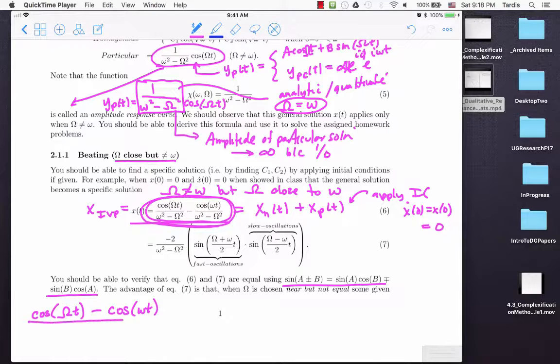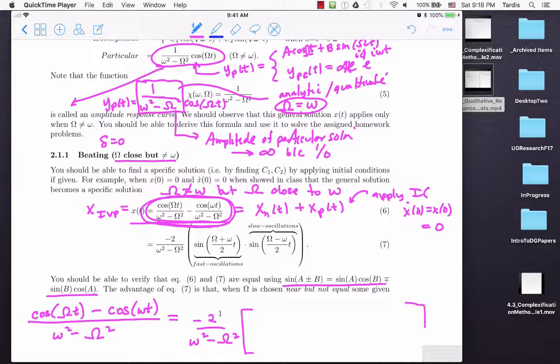So this term here, which is the solution to the differential equation where damping is equal to 0 and the two frequencies are close but not equal to each other, because of the trig identity, you get negative 2 over omega squared minus capital Omega squared.